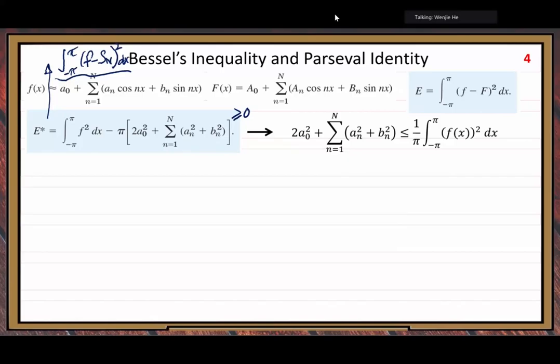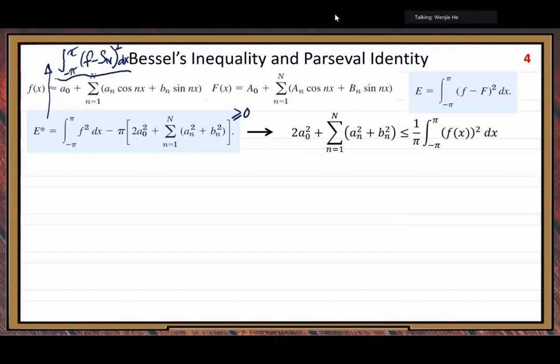Next, we need to look at a possible identity. Starting from Bessel's inequality, closely related, we get to the possible identity.